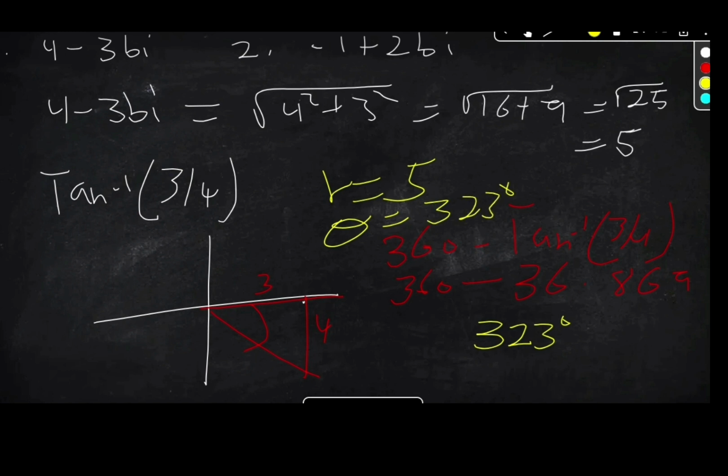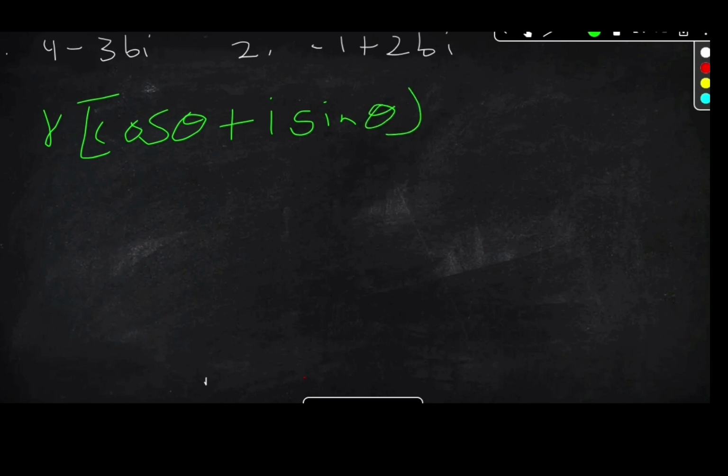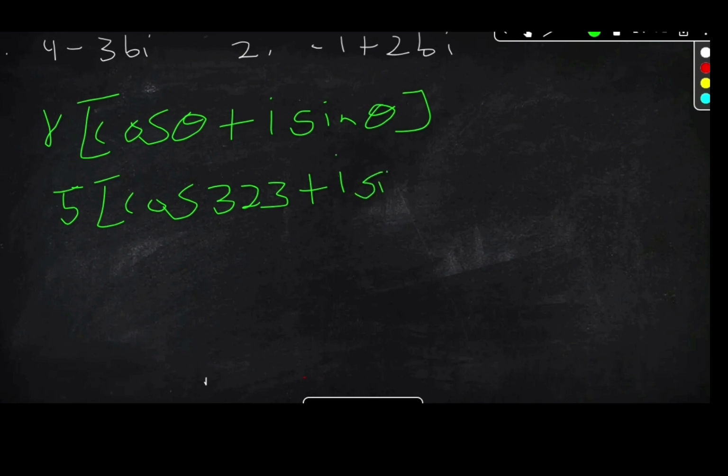Changing this to the trigonometric form, the trigonometric form is r into bracket cos of theta plus i sine of theta. We have our r to be 5 into bracket cos of 323 plus i sine of 323.